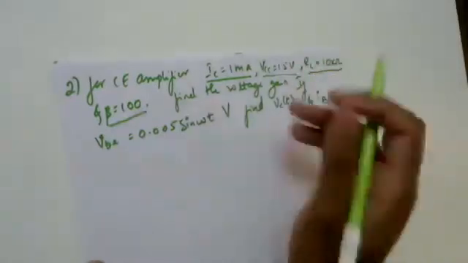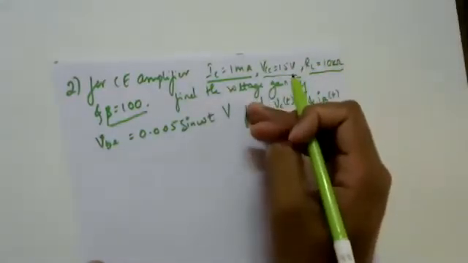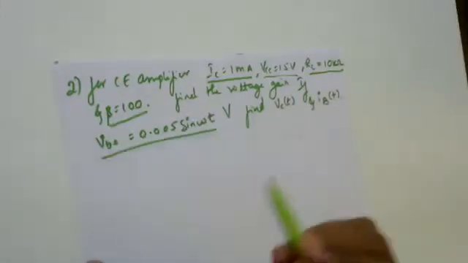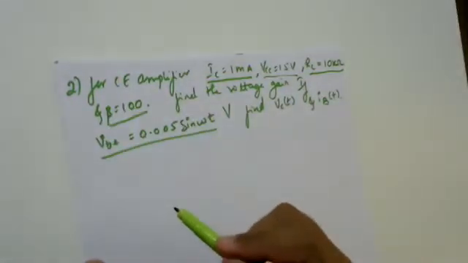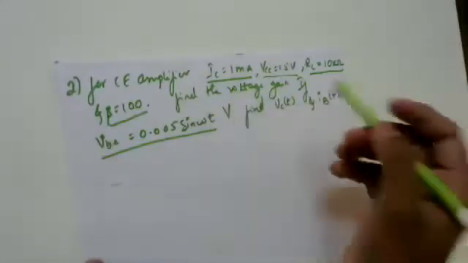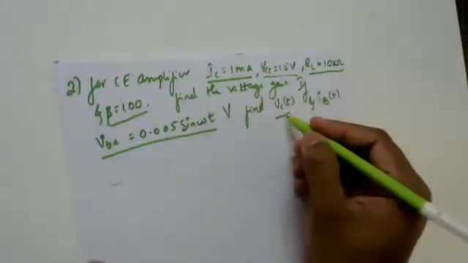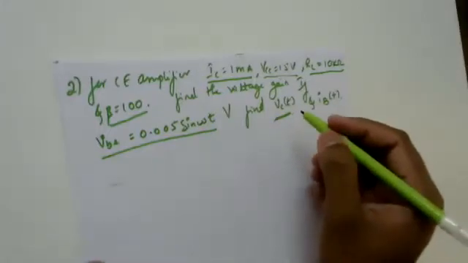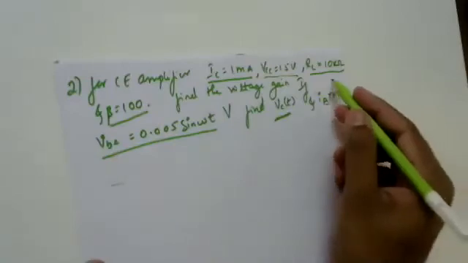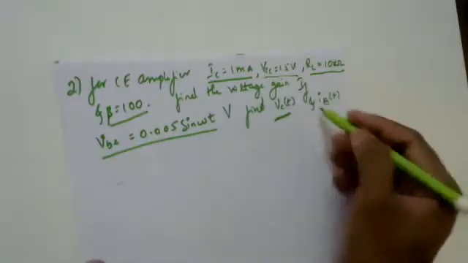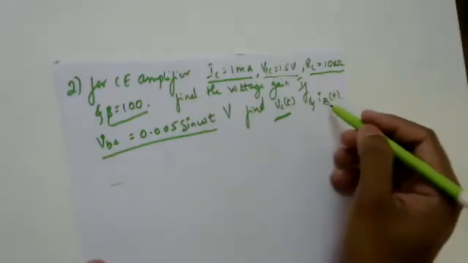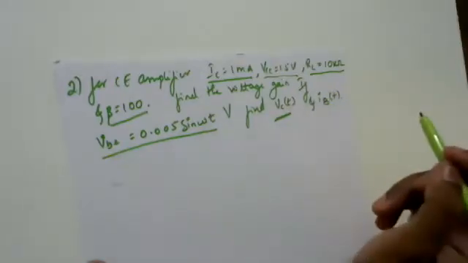He is asking us to compute the voltage gain if this is the input AC signal to the common emitter amplifier. Along with that, he is asking what is the potential at the collector terminal, the AC potential VC of t, and a combination of DC and AC base current IB of t.